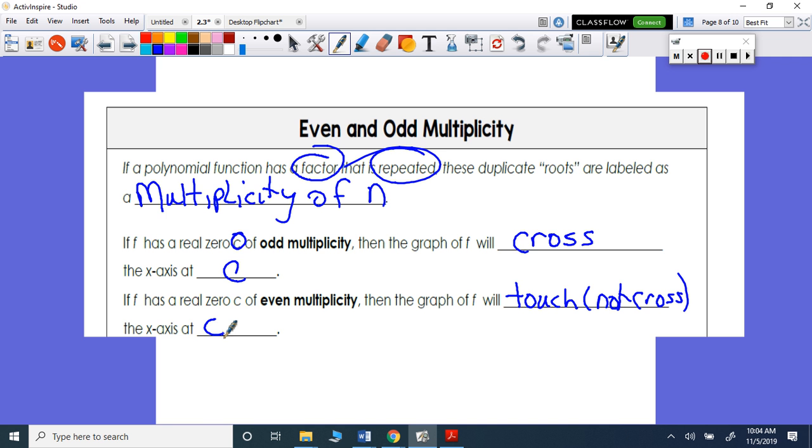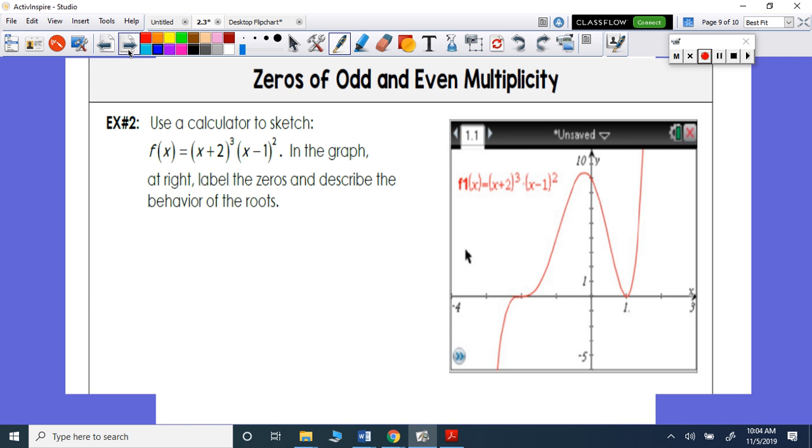Okay? So you have the graph given on the next slide. Just by looking at the graph, do you agree there's 1, 2, 3 turns? The first one counts.